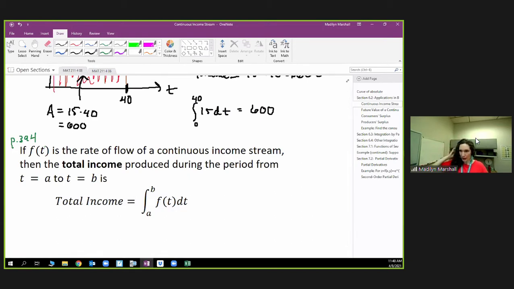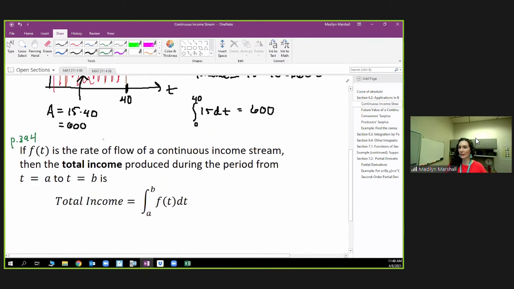So if f of t is the rate of flow of a continuous income stream, then the total income produced during the period from t equals a to t equals b is just the definite integral from a to b of that flow rate f of t dt.